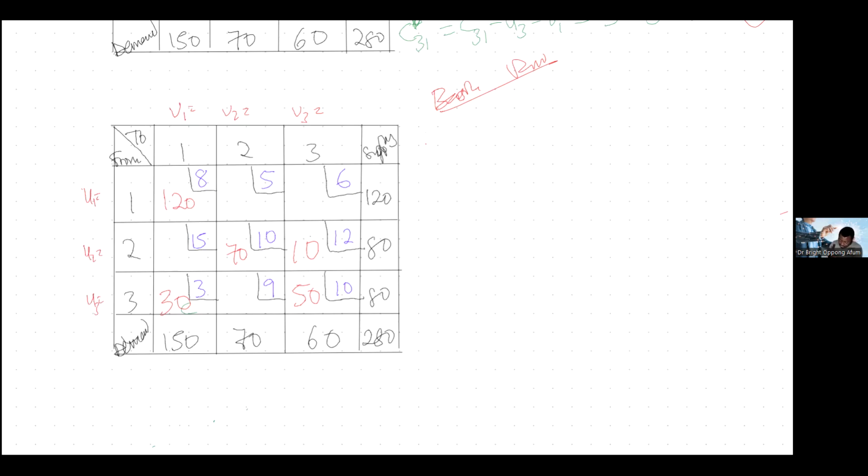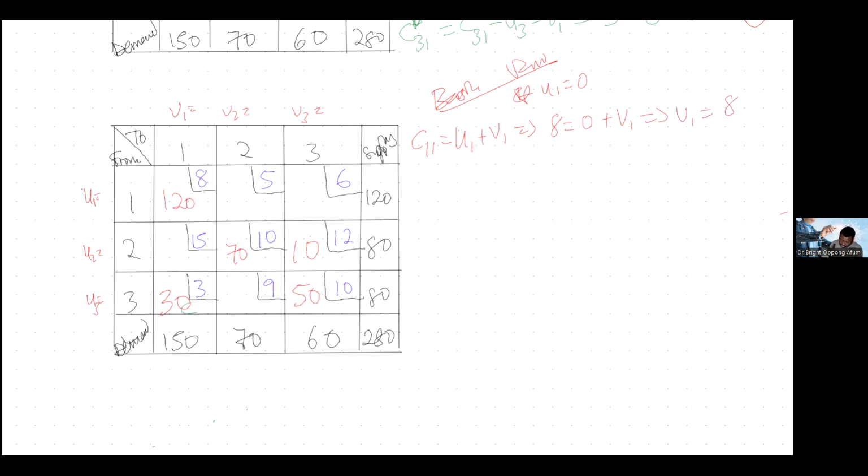So what we do is that we say C11 is equal to U1 plus V1. So assuming U1 is equal to 0, it's equal to 0 plus V1, and therefore V1 is equal to 8.